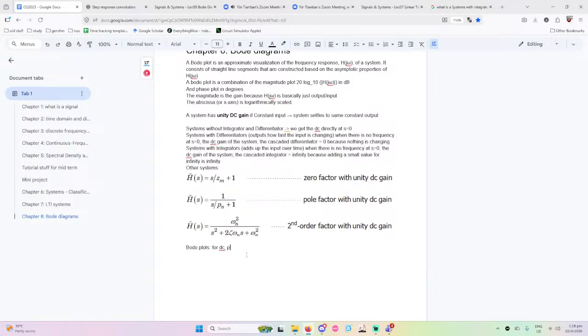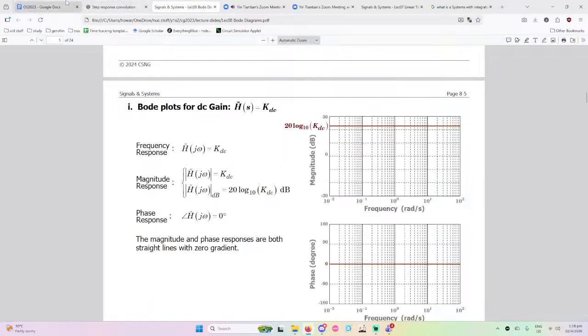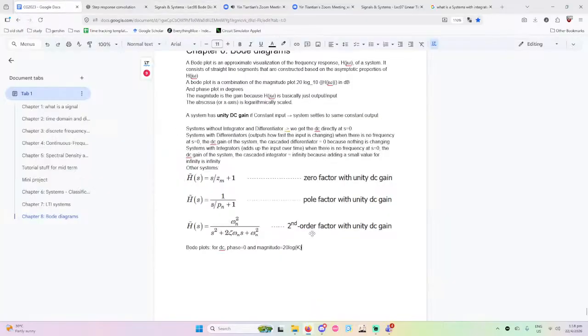So it is equal to log 10 of 1, which is equal to 0. So it is equal to 0 dB. Okay. So we can see that it will pass through 2 points here. One point is when omega is equal to 1, the corresponding magnitude is 20 times log 10 of KD. And when omega is equal to 1 over KD, the magnitude is equal to 0 dB. Okay, it will pass through these 2 points here.